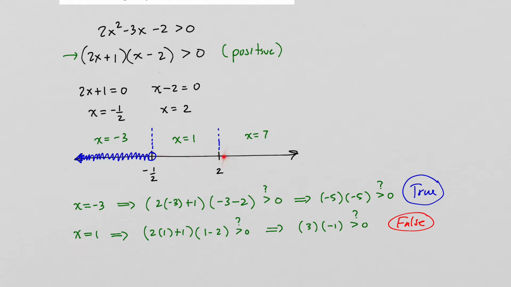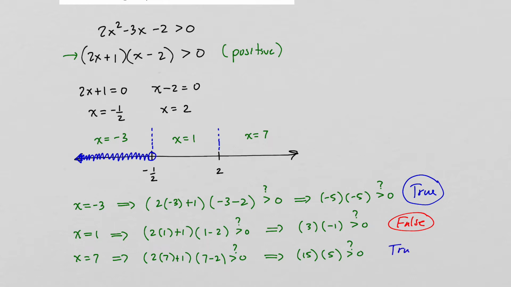Finally, I'm going to test the last interval here by plugging in x equals 7 as my representative. When I plug in 7, I get 2 times 7 plus 1 multiplied by 7 minus 2. Is this greater than 0? Well, 2 times 7 plus 1 is 15. 7 take away 2 is 5. Is this greater than 0?